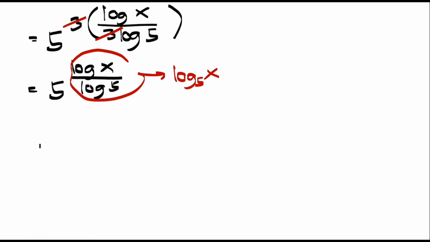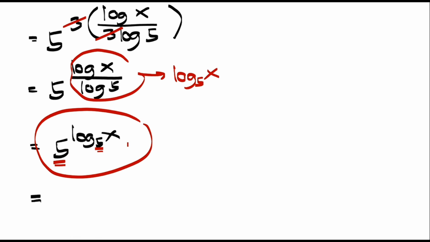So using that, we'll now have 5 raised to logarithm of x to the base 5. So again, if we have this exponential expression, just look if this base is the same as the base of the logarithm. And if they are equal, then the value of this full expression is simply this number.